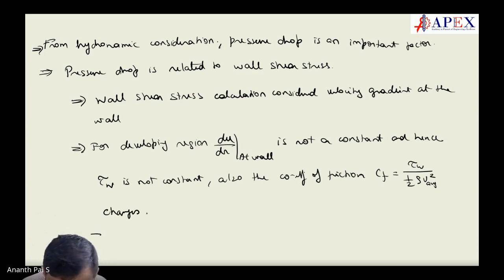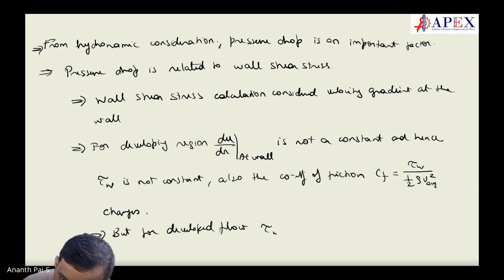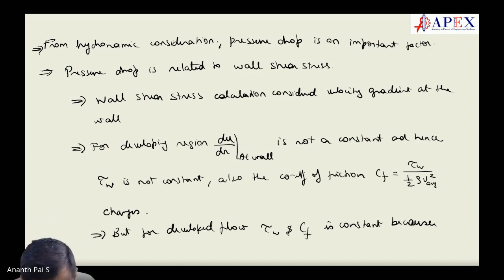But for developed flow, write it down. For developed flow, tau w and CF are constant because du by dr at wall is equal to a constant.